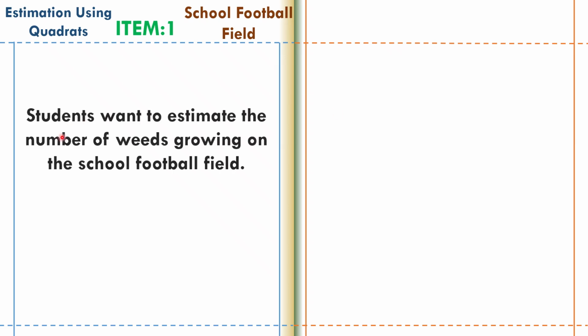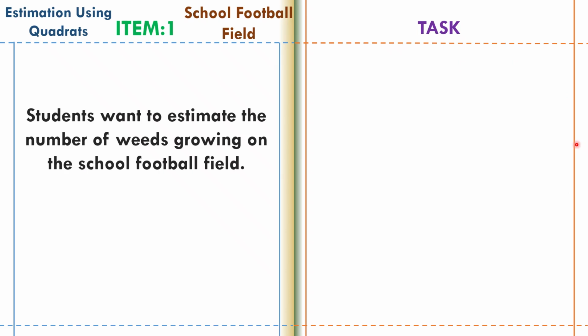Estimation using quadrants, item 1. We're going to look at a school football field. Students want to estimate the number of weeds growing on a school football field.